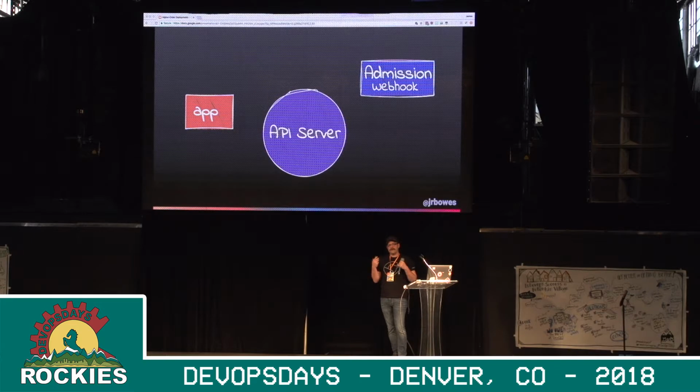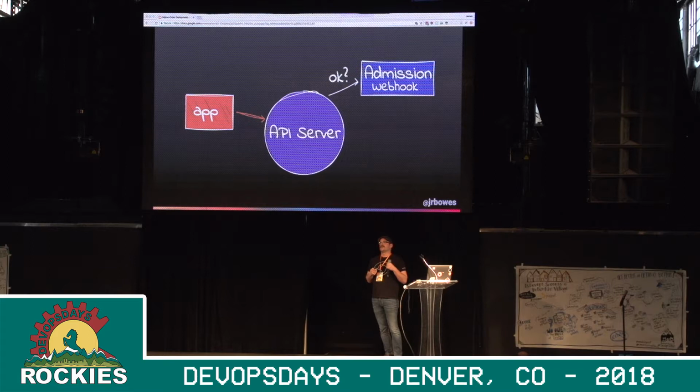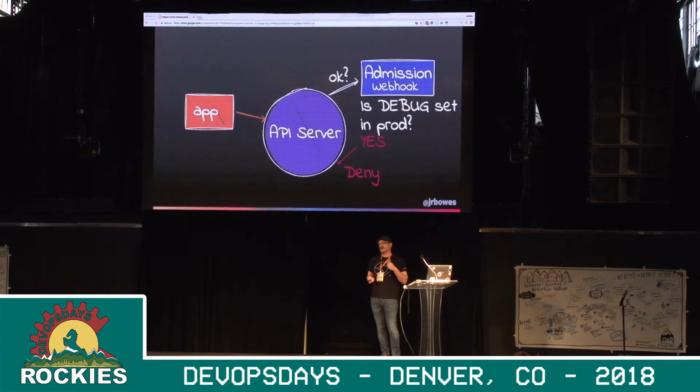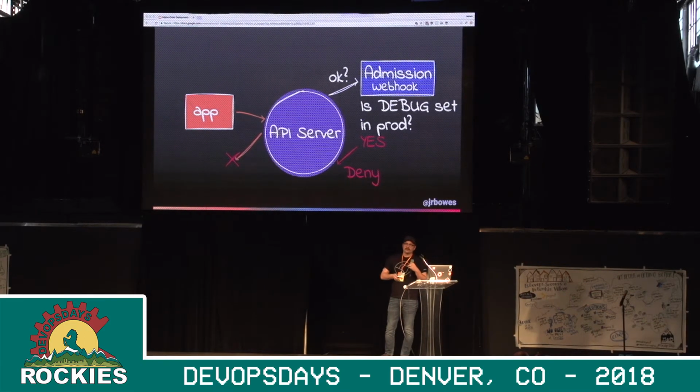If you have a request to make one of these new apps come in, you can say, I've got something that I can't express with OpenAPI schema for validating this. So your API server says, is this okay to create? And then you have some weird specific logic, like, we're not going to let you set debug and prod. So your webhook says, no, don't allow this, and it'll bounce it back to kubectl or whatever.